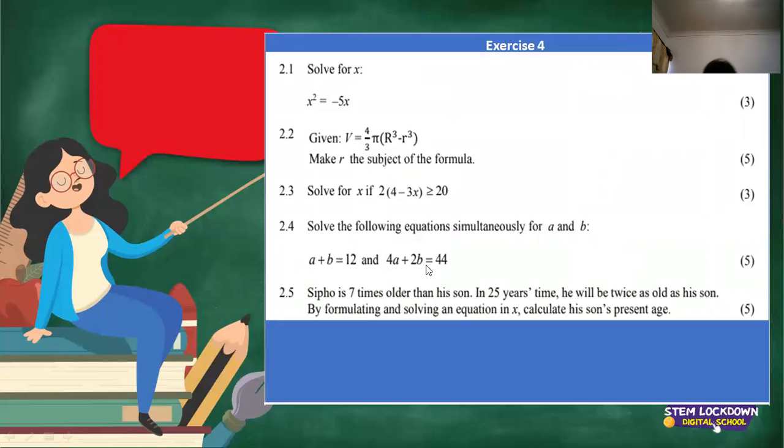And then we're going to have 4 into bracket 12 minus B plus 2B equals to 44.